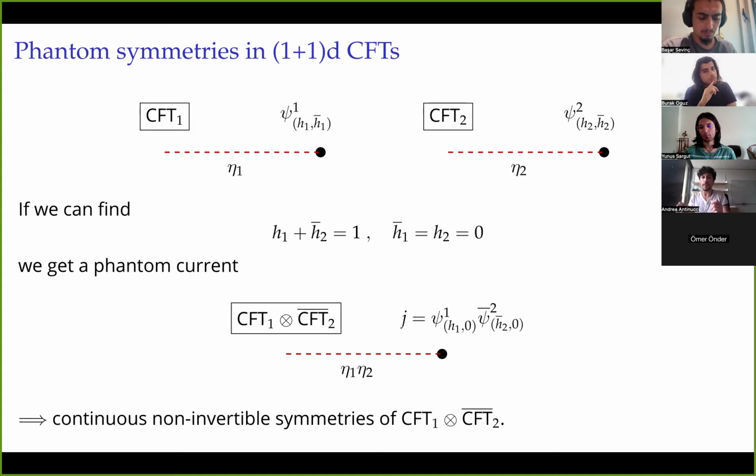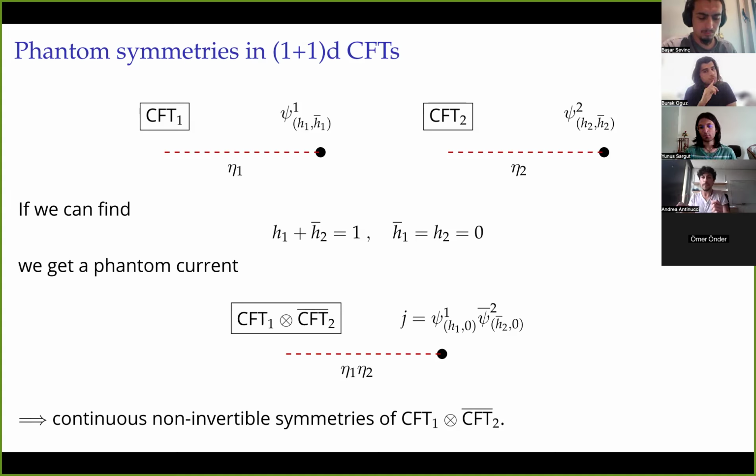Now, I start looking for these twisted sector operators at the end of these lines. And suppose that I find one operator psi1 of the CFT1 and one operator psi2 of the CFT2, whose conformal weights satisfy these two equations. So the sum of h1 and h2 bar is 1, while h1 bar and h2 are vanishing. Then, following the construction that I just told you, I get this phantom current in the folded theory.